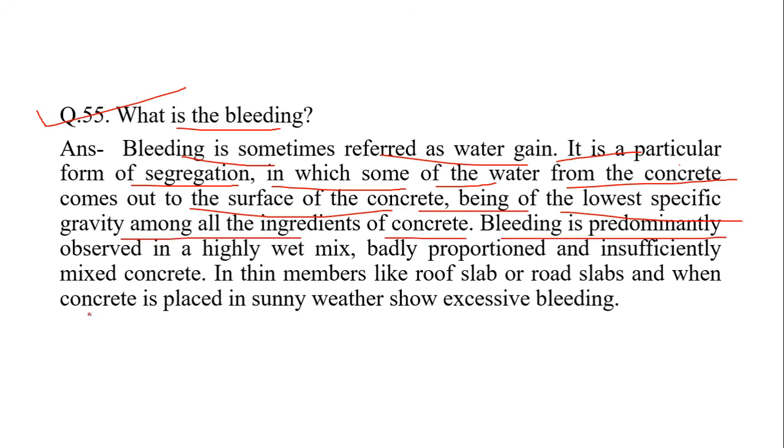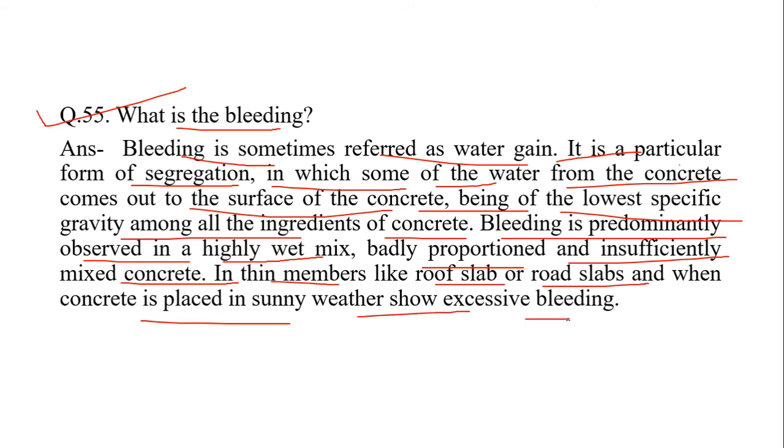Bleeding is predominantly observed in a highly wet mix, badly proportioned and insufficiently mixed concrete. In thin members like roof slabs or road slabs, when concrete is placed in sunny weather, there is excessive bleeding.